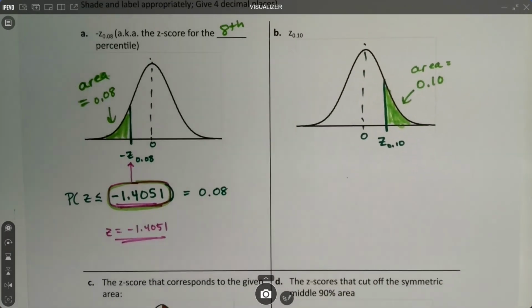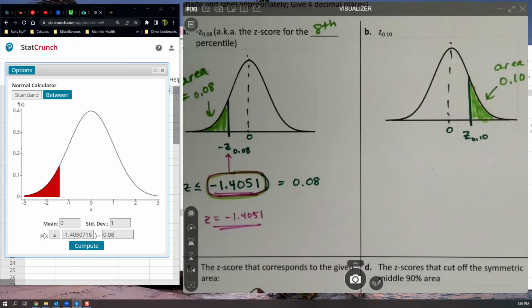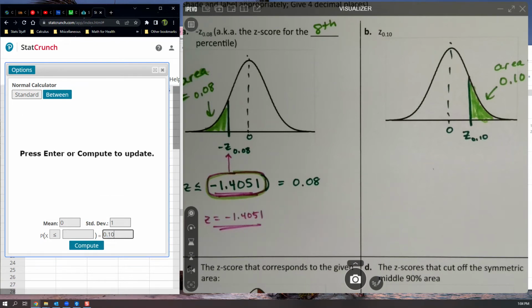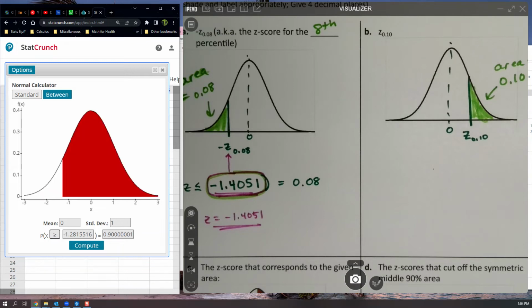Okay, so if I go into StatCrunch, I'm going to say to it, hey, I want that area to be 0.10. Now it's tempting to just click enter. Matter of fact, I will. But that's not right. I'm not coming in from the left side. I'm coming in from the right side. So I have to switch this to a greater than. But it switched my area automatically.